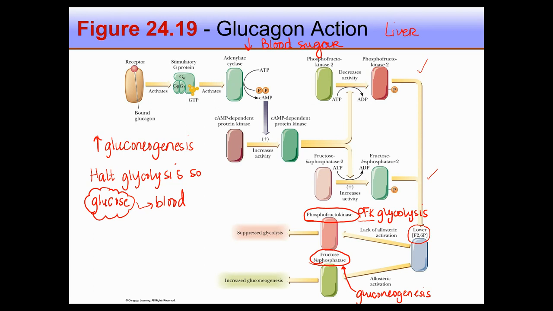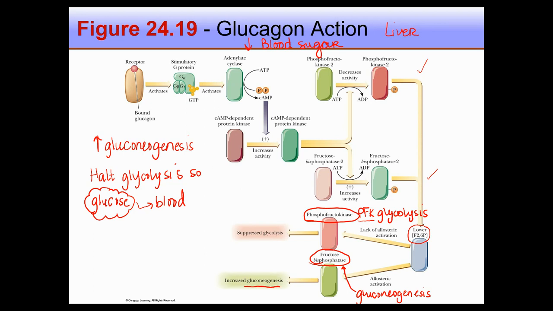And then at the same time that glycolysis is suppressed, the gluconeogenesis enzyme is activated. And again, gluconeogenesis is to make glucose.